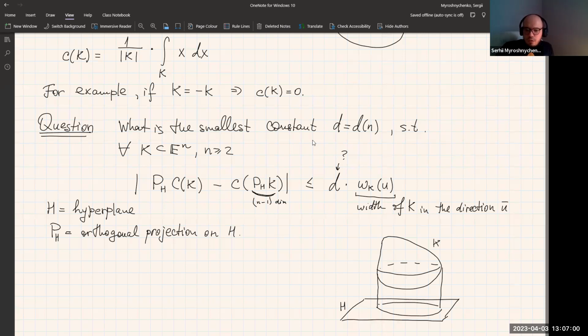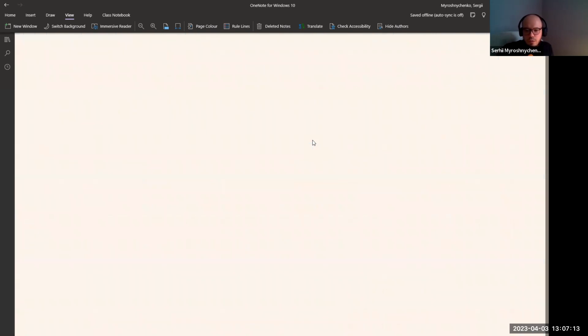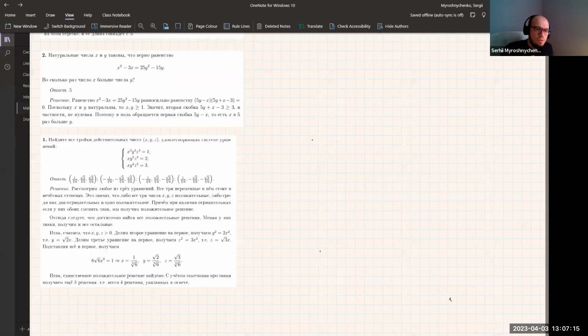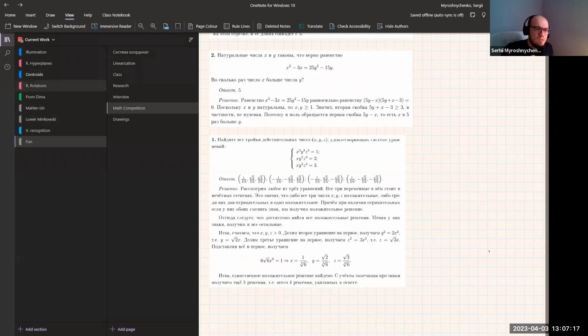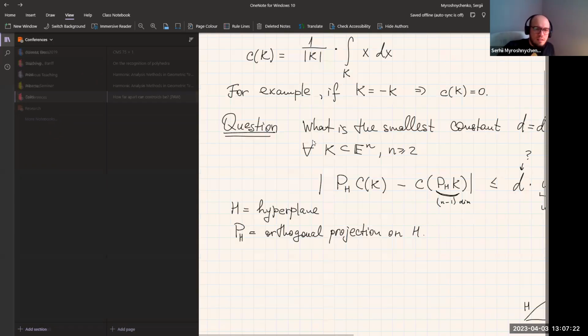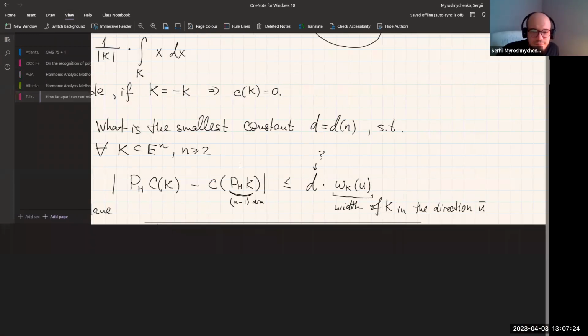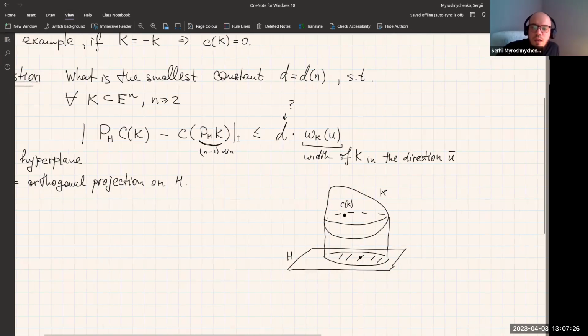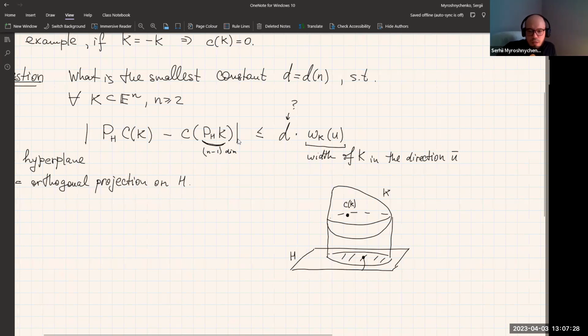The center of the convex body, well, it looks like maybe it will be somewhere here. And this projection also has a center, and maybe it will be somewhere here. Yes, this point over here is the center of our projection.